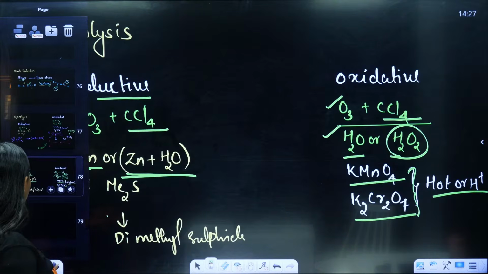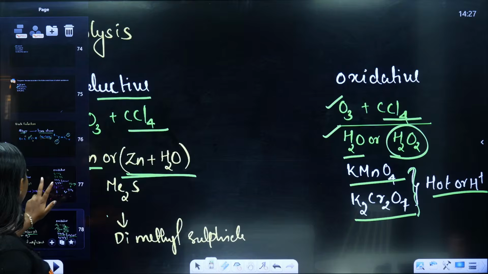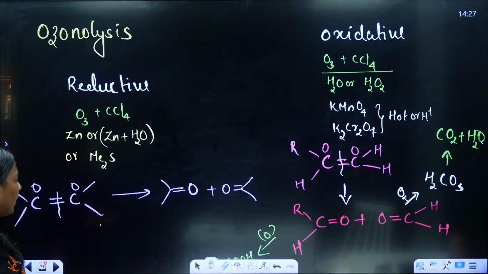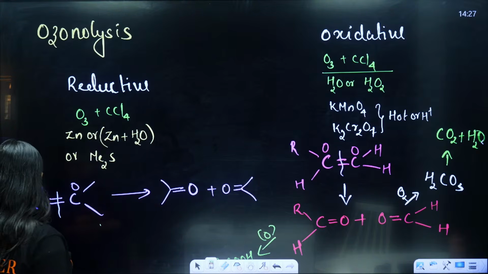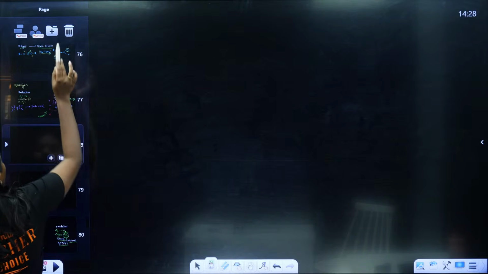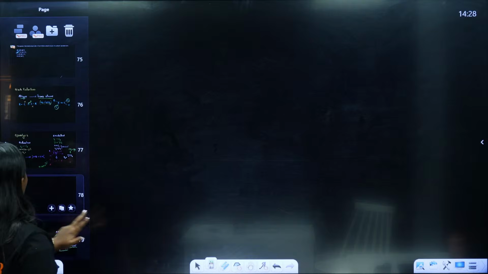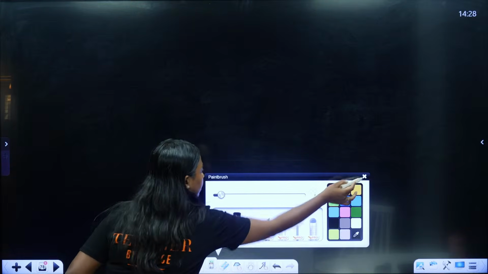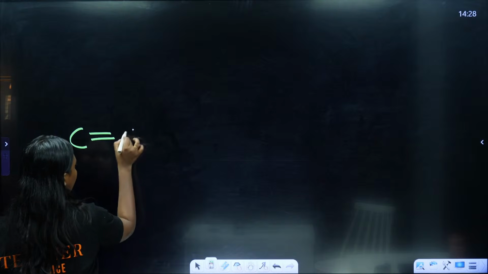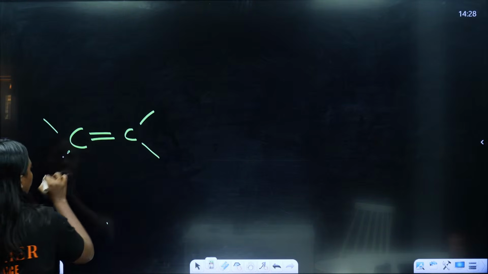Then we are moving to the reaction. What is happening here? I will tell you. We are taking an alkene, so this is an alkene.